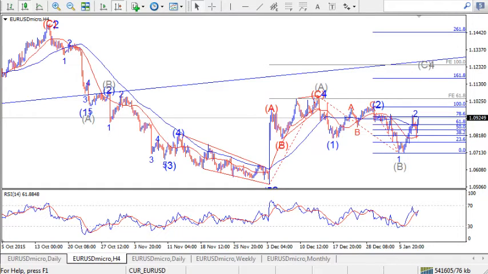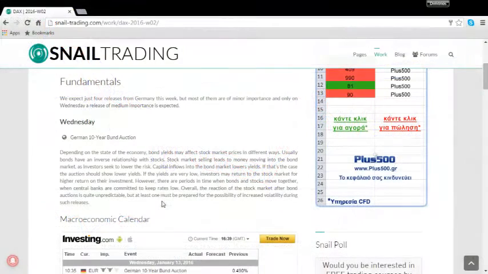I must say that that was an easy trade then. I believe that something similar will happen this week with the British pound.